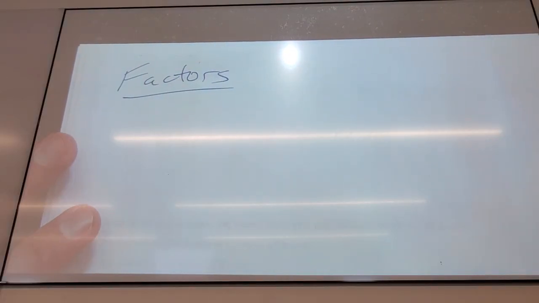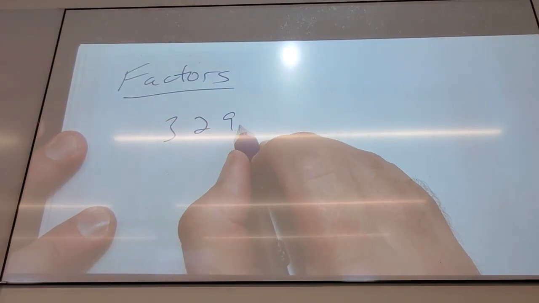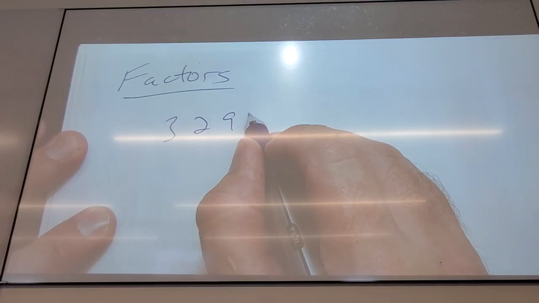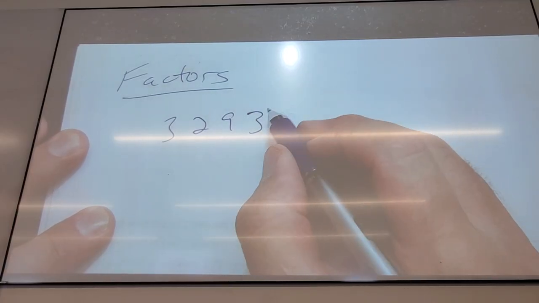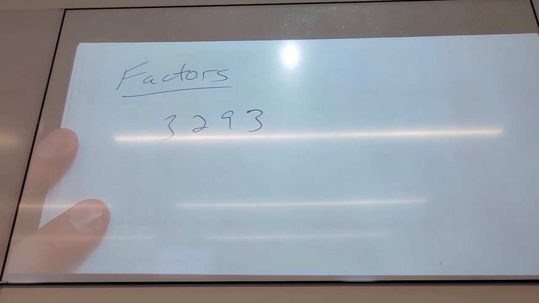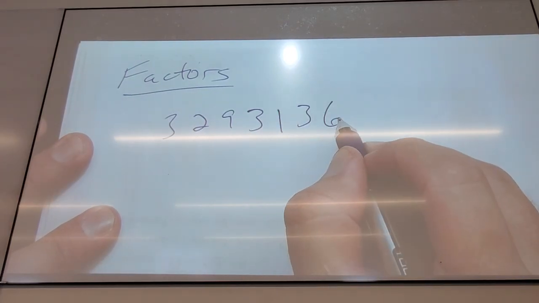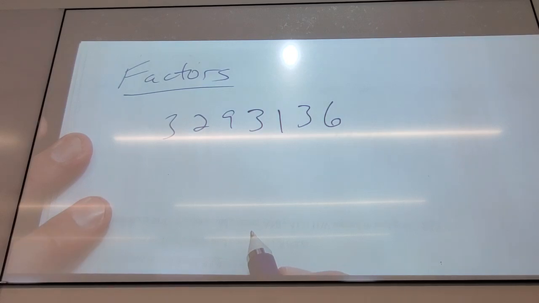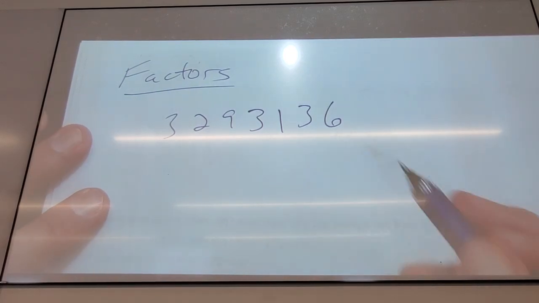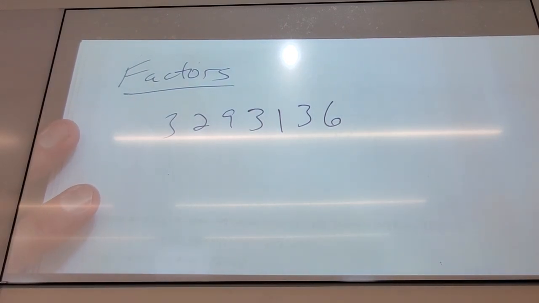What'd you get? 293. Sorry. 136. Good Lord. 136. That's it? Trillion, billion, million, zillion. Okay. Is that it? According to calculator. Gotcha. Okay. We'll trust the calculator.